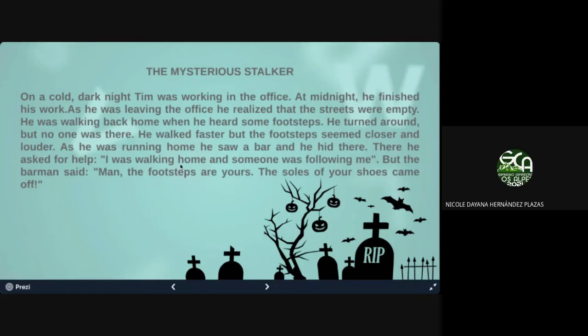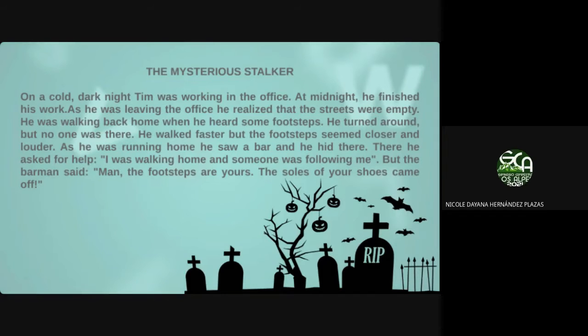In this part, you have two actions that were happening at the same time. When you have two actions happening at the same time, my dears, you have to use past continuous, and that's it, okay? I was walking home and someone was following me.